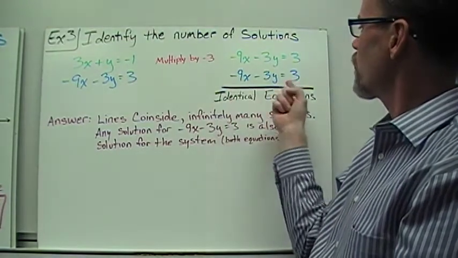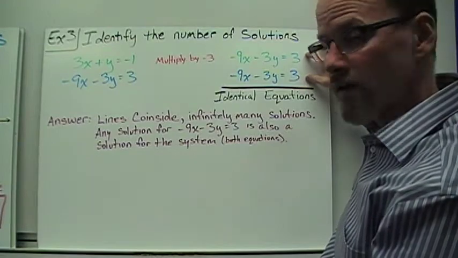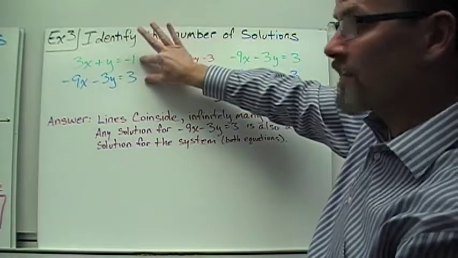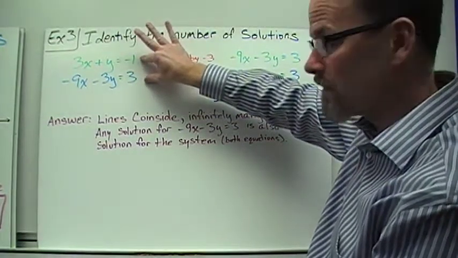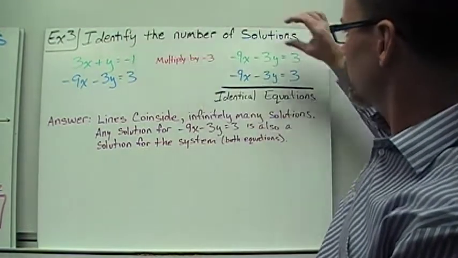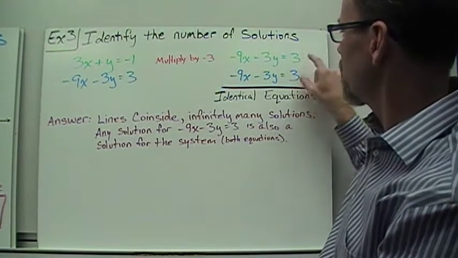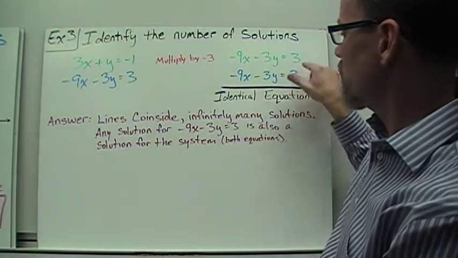So when I bring this over, interestingly enough, they are identical. They do not look the same in the beginning, but by multiplying everything by -3, you'll see that they become identical equations.